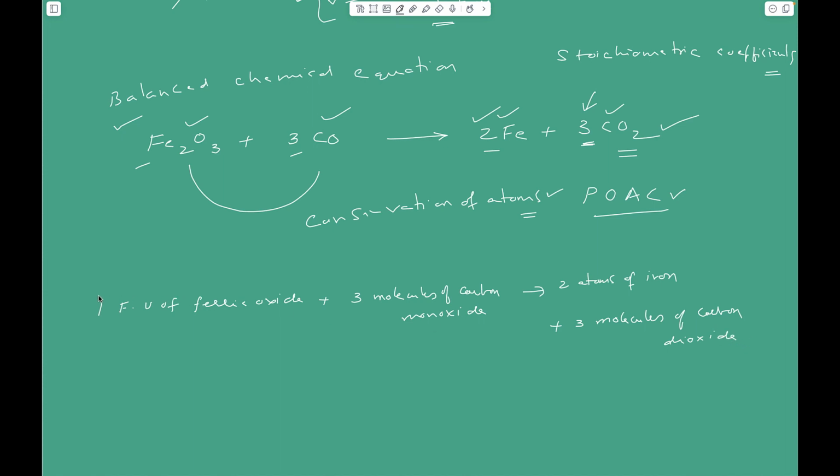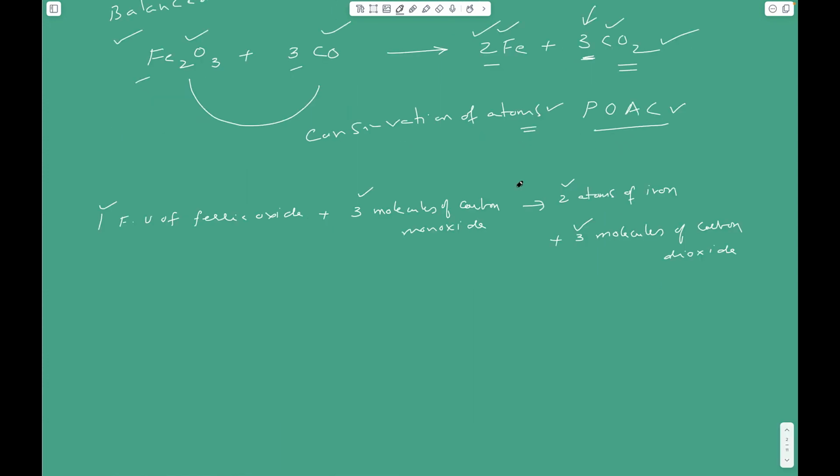So now we have a relationship between these formula units in this reaction, and using this relation we are going to calculate the quantities or amounts. Now this is called the molecular interpretation of the balanced chemical equation.